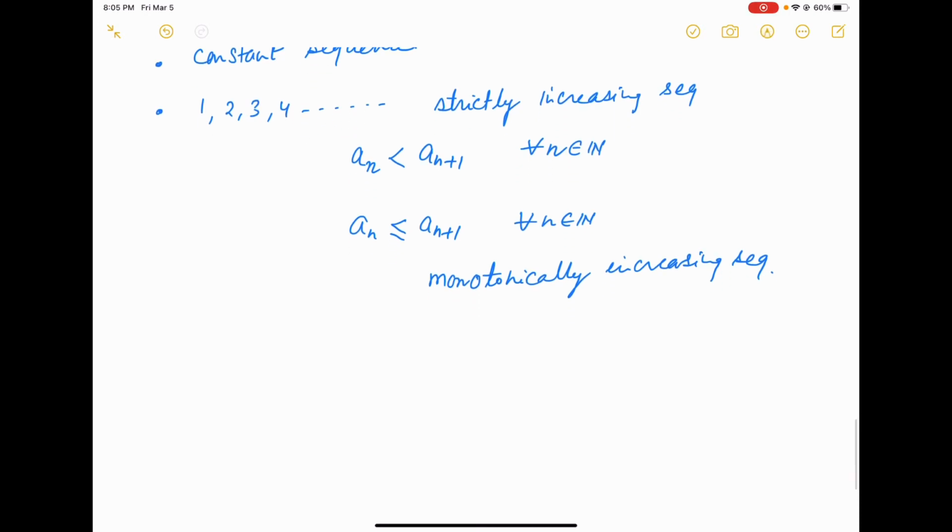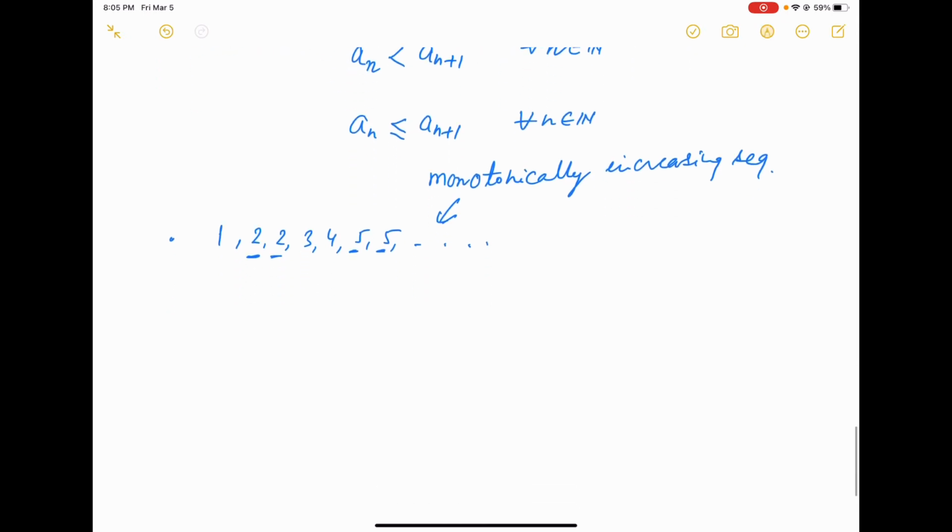What is monotonic? For example, in the above sequence if we write 1 2 2 3 4 5 5, like this, so this element is same as its previous element and 2 is same as its previous element 2. So actually this is the example of the monotonically increasing sequence, and this is the example of the strictly increasing sequence.